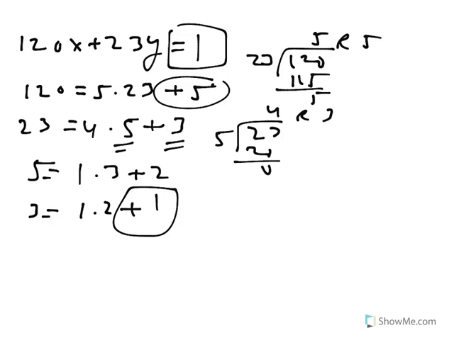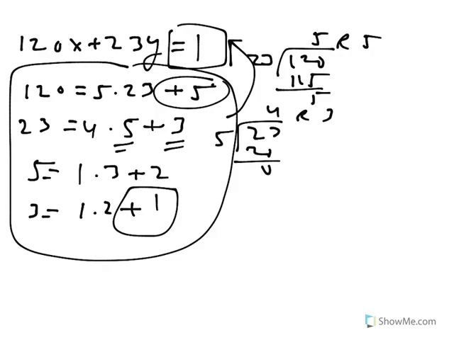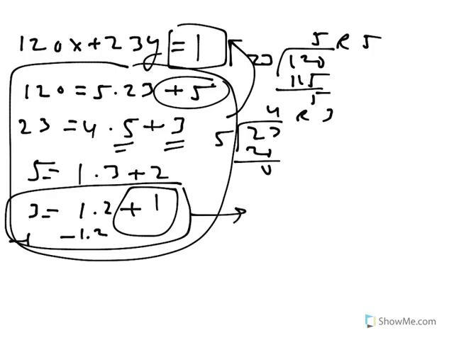These 4 equations are going to be used to create an equation that looks a lot like this original one. I'm going to take the 4 equations and I'm going to rewrite them. This equation down here, I'm going to subtract the 1 times 2 from both sides, and I get 3 minus 1 times 2 equals 1.